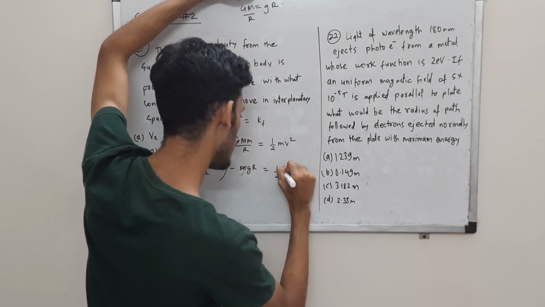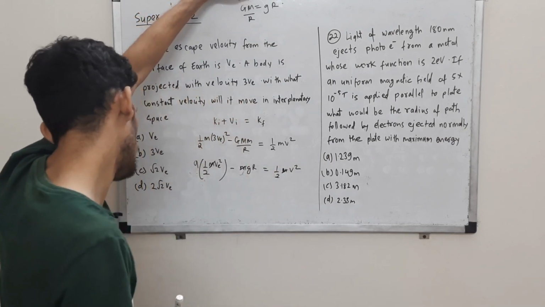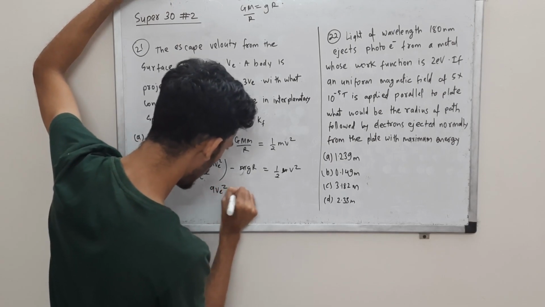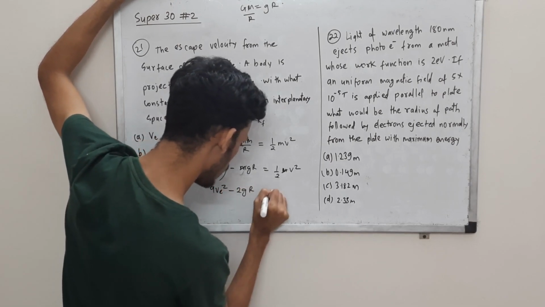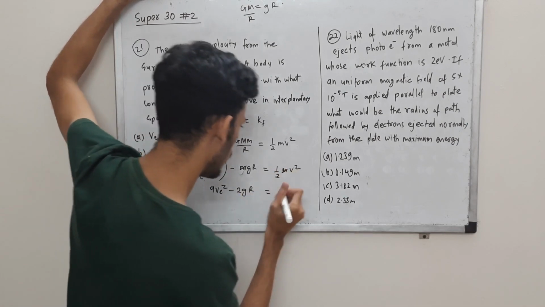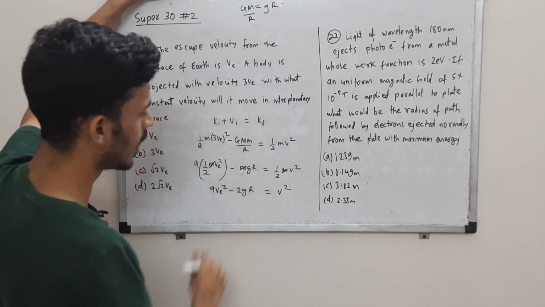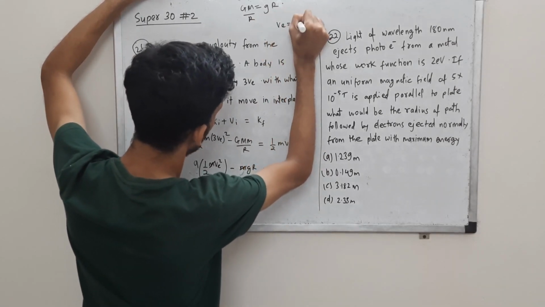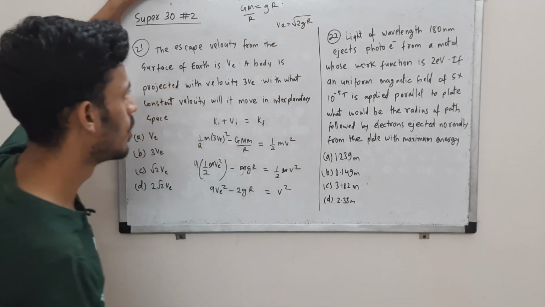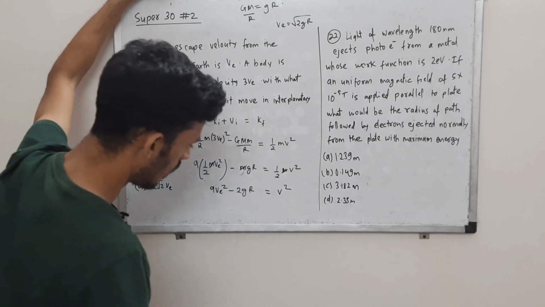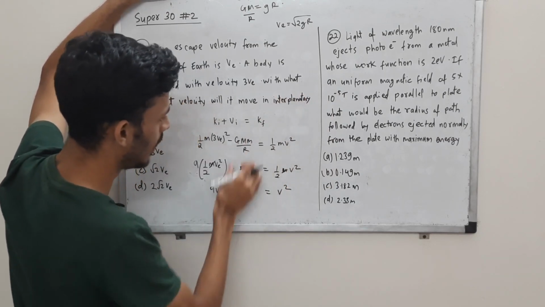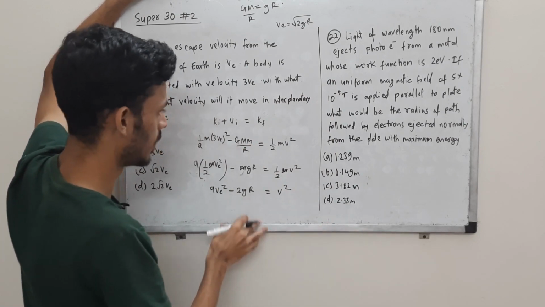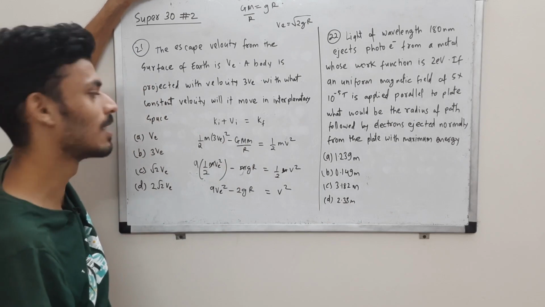Now we can cancel m and multiply by 2, so v_e squared minus 2gR, and this is v squared, right? Under root 2gR is the escape velocity. That is what I meant, this term is nothing but your escape velocity, the energy related to escape velocity.